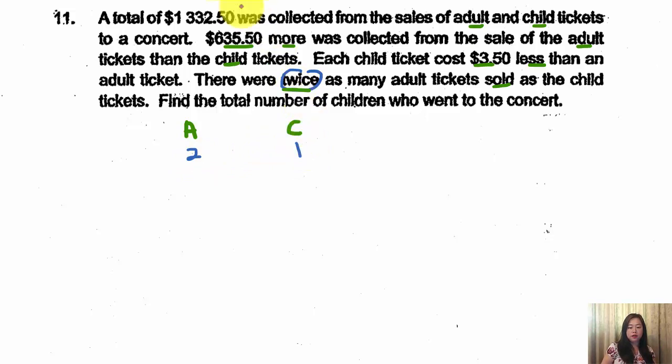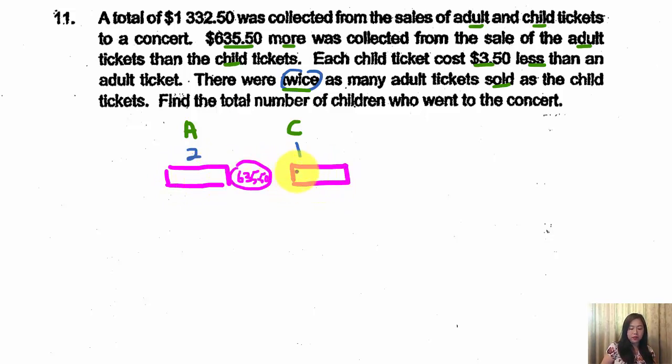You can also see that in terms of the amount of money collected, the adults collected more money than the children in ticket sales. And to be exact, this is $635.50.